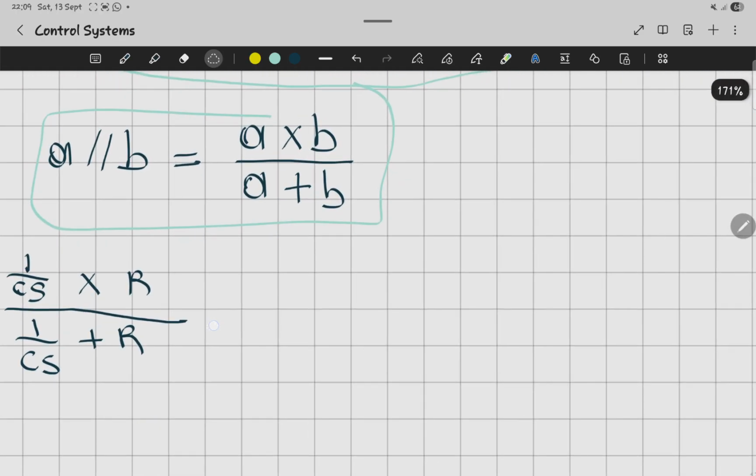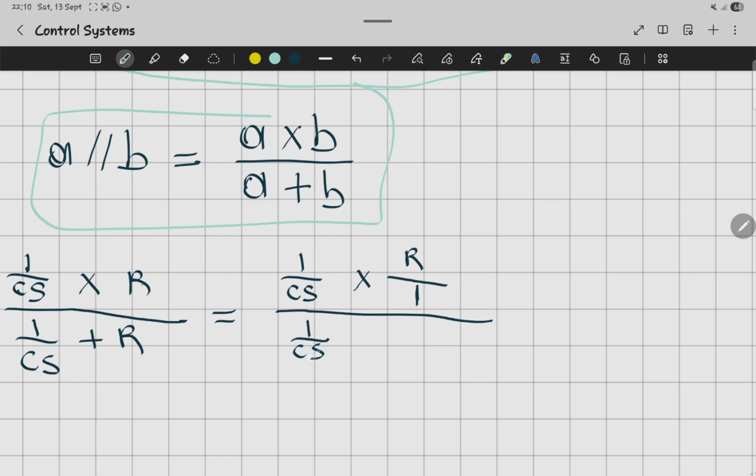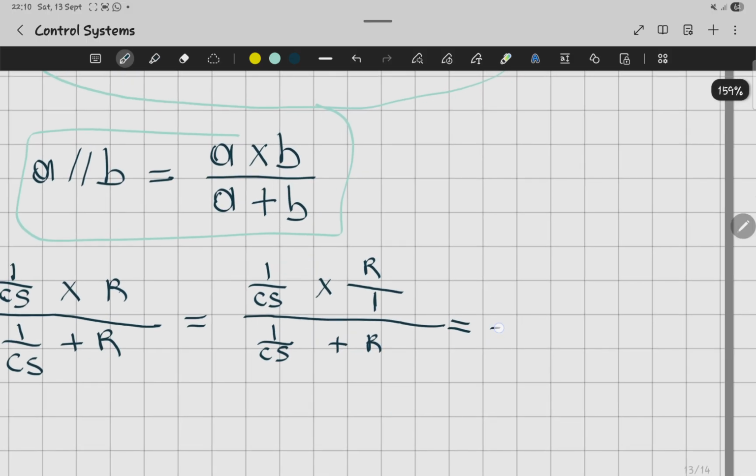So it's going to be this one multiplied by this one: 1 over CS times R over 1. And down there we need to find the common denominator, but before we do that, I'm going to go step by step. So we're going to have 1 here, and here we need to write down the common denominator.